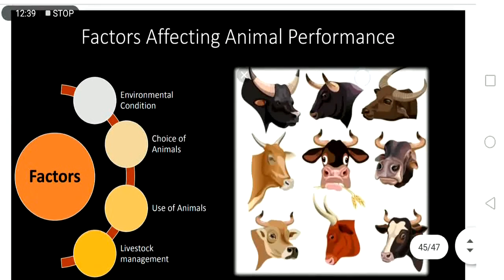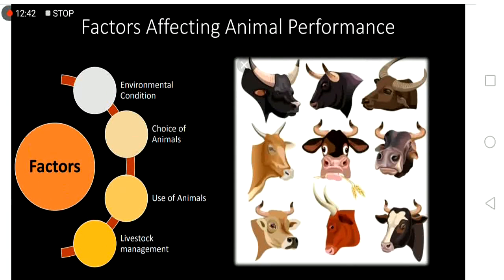Okay. So there are four main factors which can affect animal performance. First is of course the environmental condition. If, for example, the weather is so hot, then it might affect the performance of your animal. Second, the choice of animals. If you want to pull a greater load, then you need to choose the appropriate animals for that task.